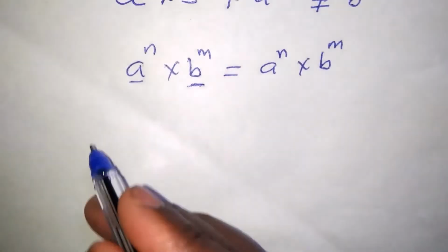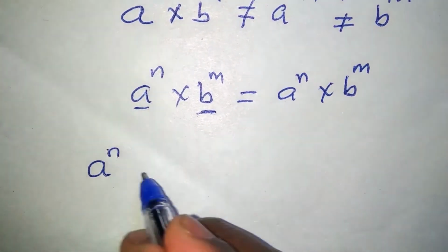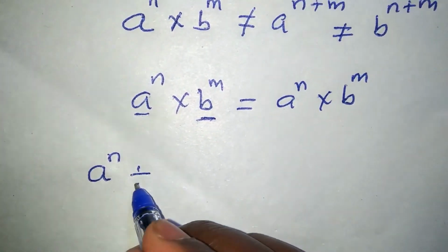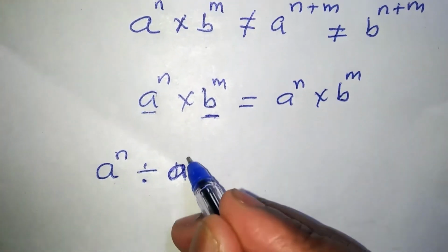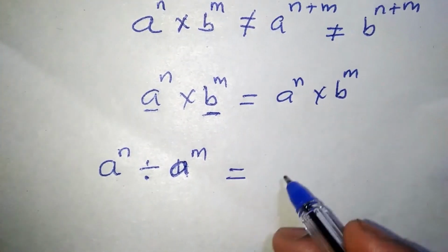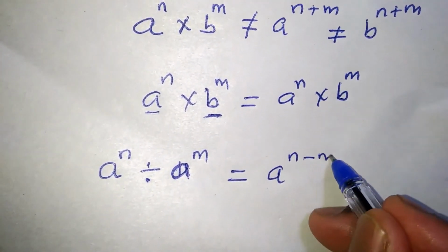Another law of indices is the one for division, whereby if we have a raised to n divided by a raised to m, what you end up with is a raised to n minus m.